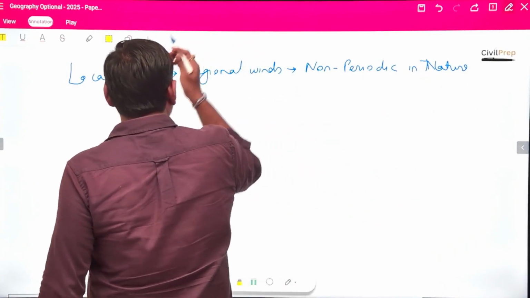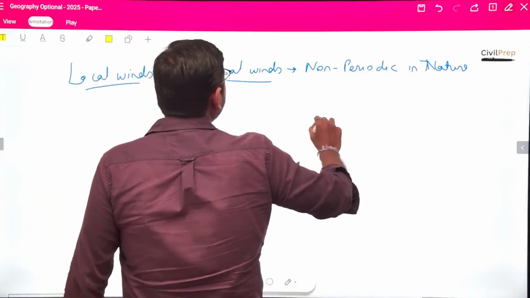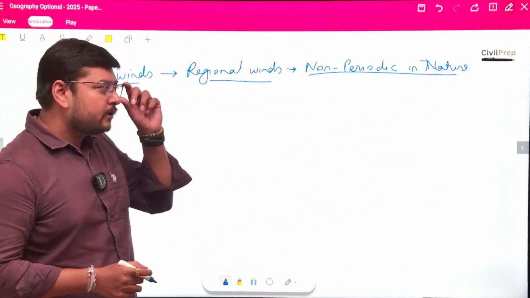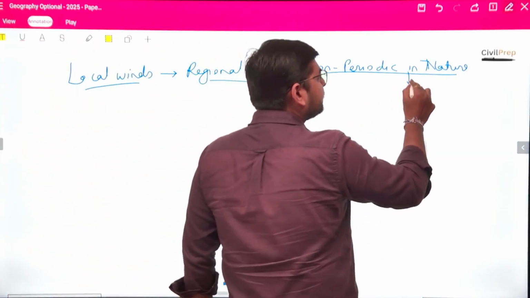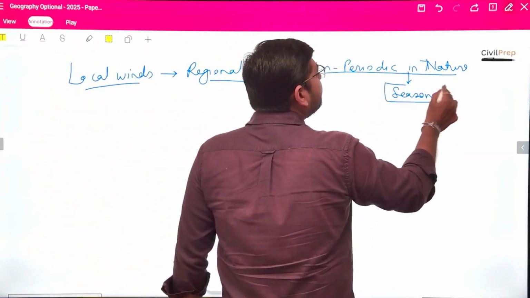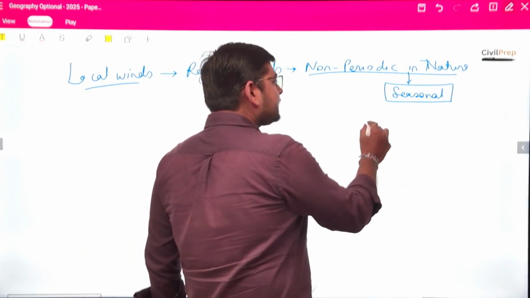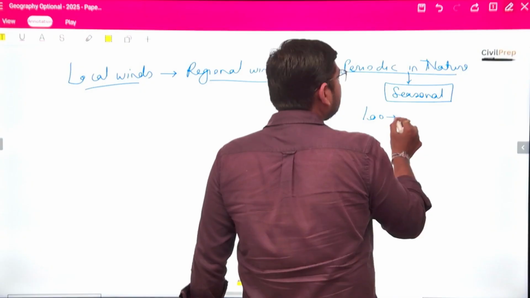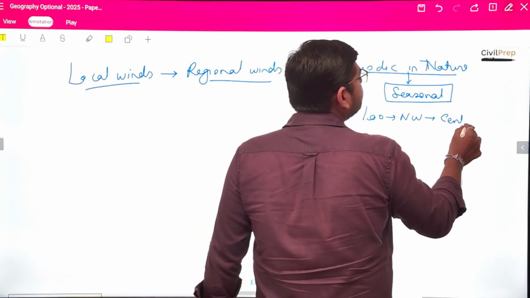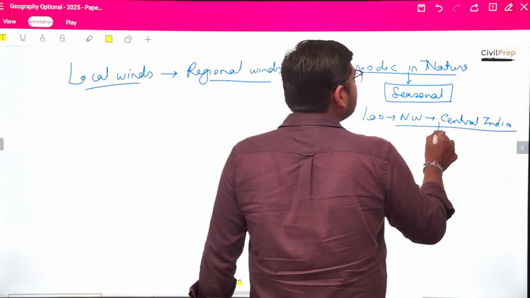Now, if I try to draw a world map, we'll see that local winds are majorly regional winds and non-periodic in nature, and they are present during a particular season also. They may be classified under the seasonal part also here. For example, we can see the Loo, which is present in the northwestern and central part of India. They are present only in the summer season.